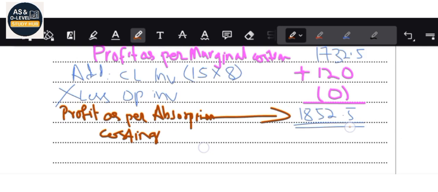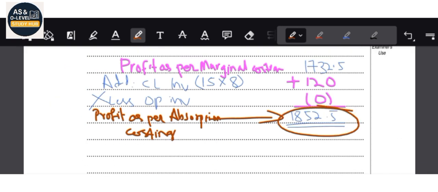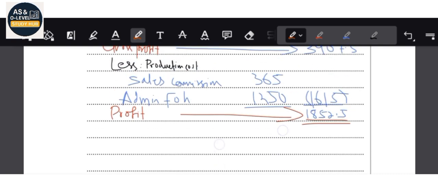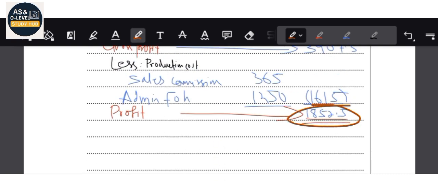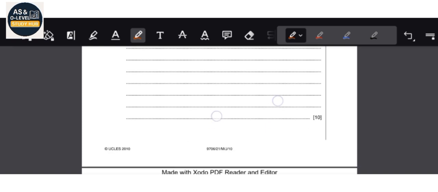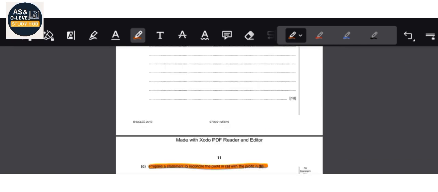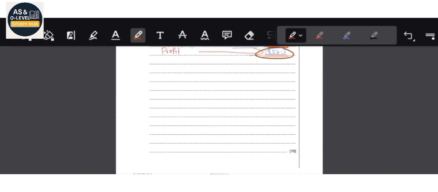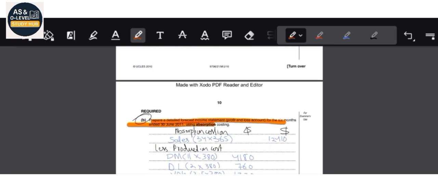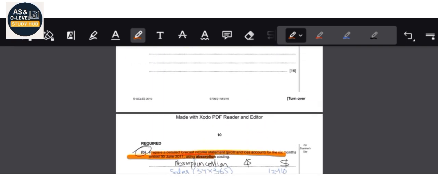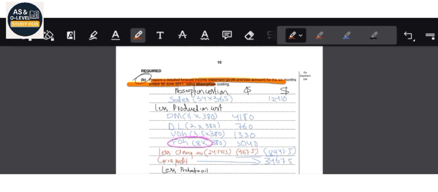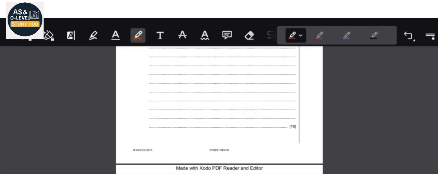You will notice that this 1852.5 is similar to the profit in part B, that is absorption costing. So this indicates that our answer is correct, and we have made both profit statements, marginal and absorption costing, correctly.